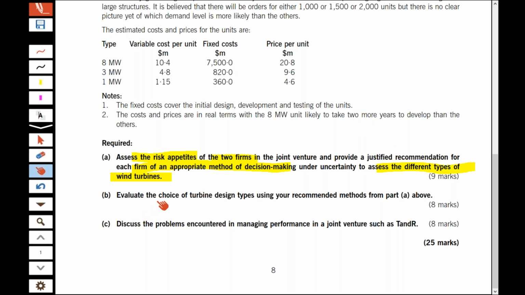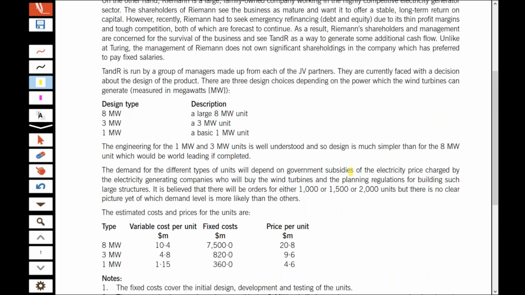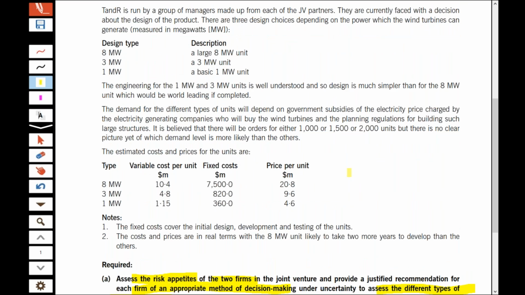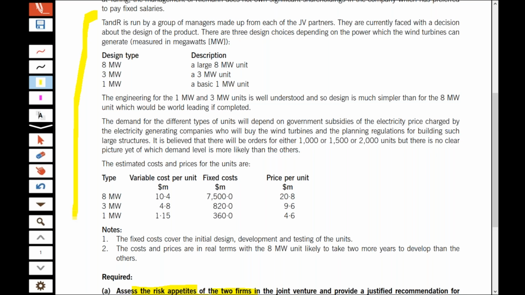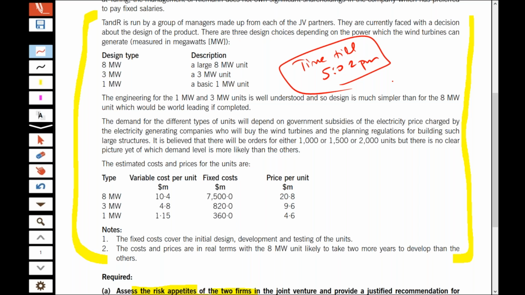The next thing is, it says evaluate the choice of turbine design types using your recommended methods from part A above. So we have got the option, we have got the opportunity. Let's try to identify which of the turbines we should go for. What you have to do is that I'm giving you 5 to 7 minutes to attempt the question. You've got time till 5:02 p.m. You need to try and attempt this question.